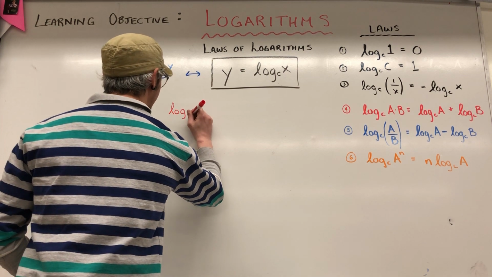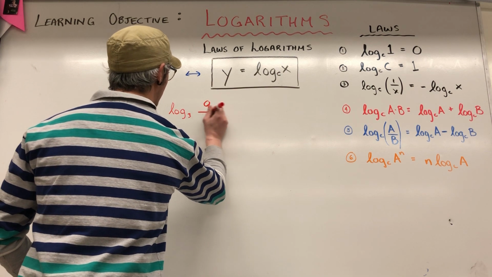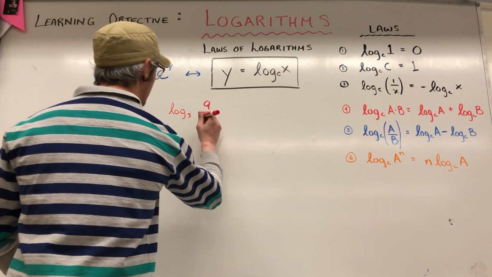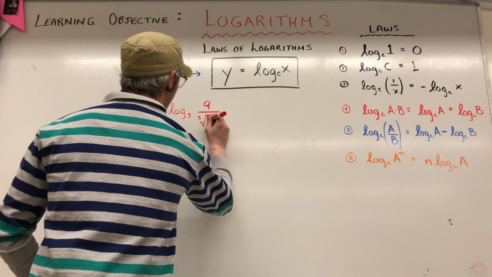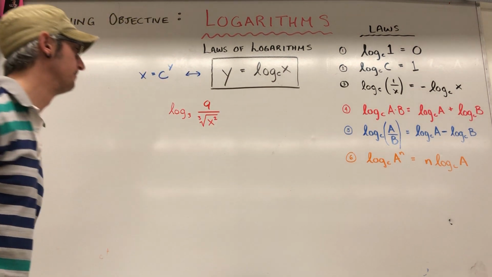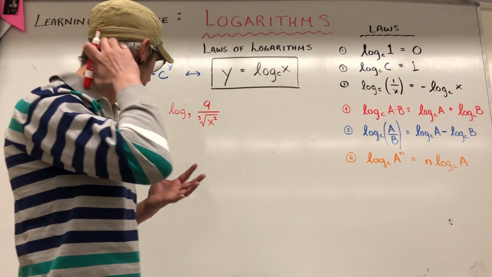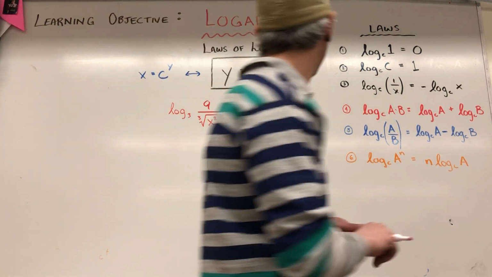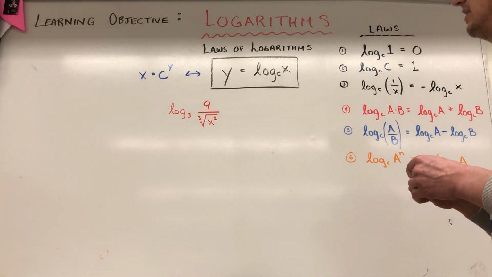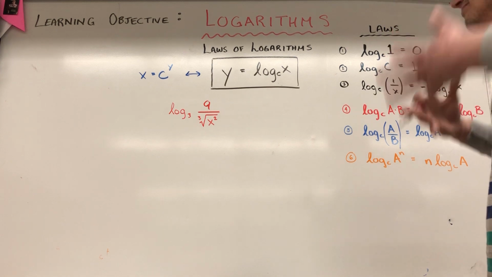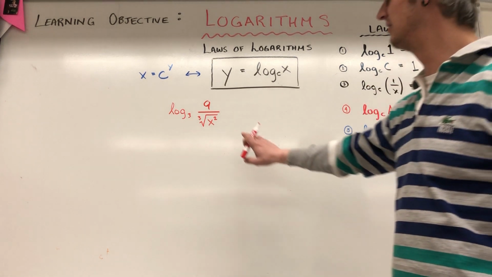So I've got log base 3 of 9 all divided by the cube root of x squared. First thing I want to do is get rid of that radical.